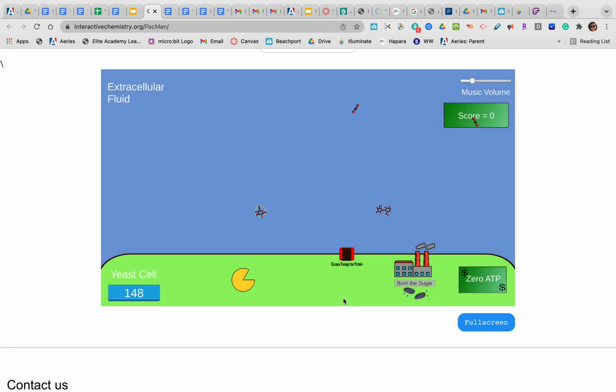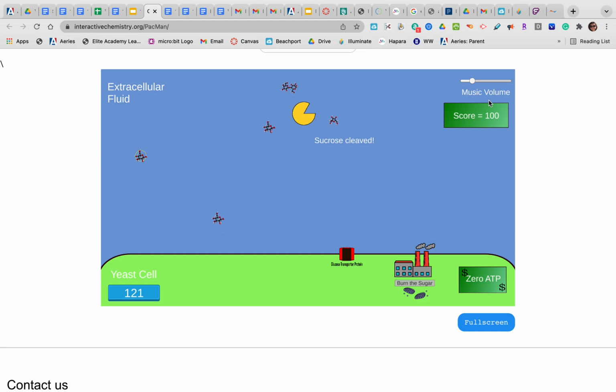Okay, so you're going to be using the keys on the left side of your keyboard. Again, you'll need to watch the video to know which keys to use, but you'll be moving the Pac-Man out of the cell, and then what you'll notice is the Pac-Man will be able to break up a molecule into smaller molecules. Okay, let's try to break this one up.